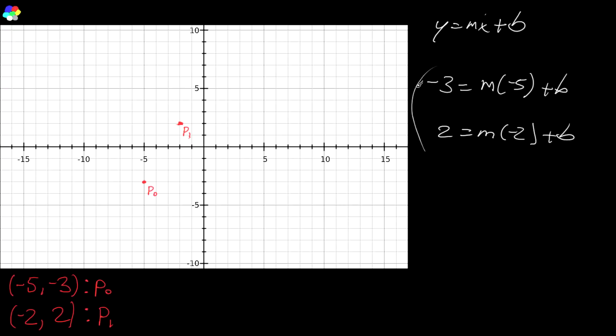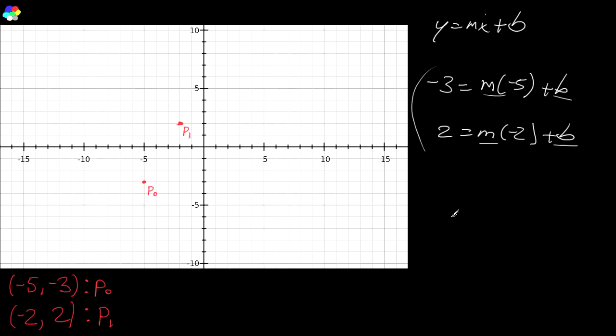So we can get 2 equations, both with 2 unknown variables, a system of equations. These are related because they both relate to the same straight line. And if you have 2 equations with 2 unknown variables, you can solve for those unknown variables. That's the hard way. The easy way is to understand the meaning of slope.